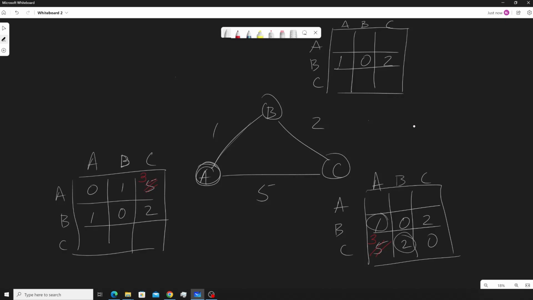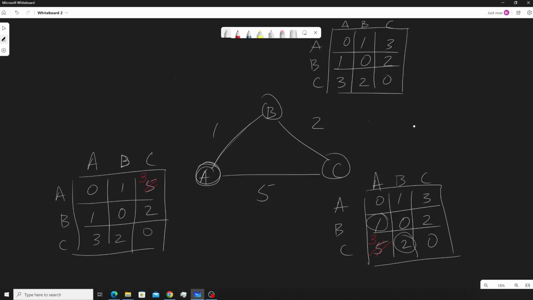So now that we have a cheaper path over here, we can share that information with each other. You can sort of see that the cheapest path very quickly converges.